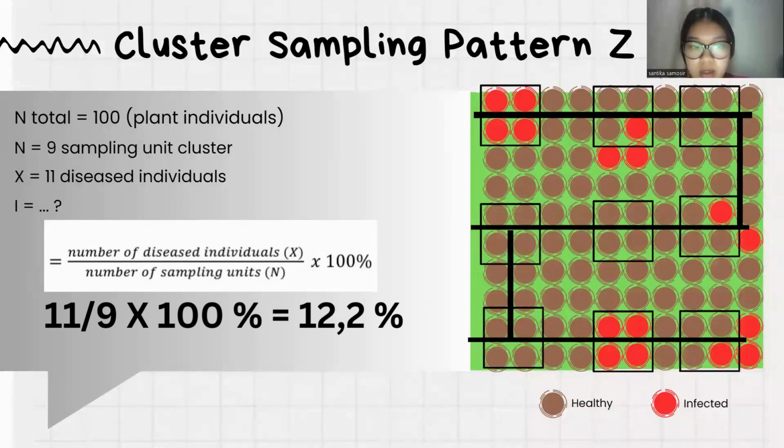The number of diseased individuals we found is also 11, and the number of sampling unit clusters is 9. So 11 divided by 9 multiplied by 100%, and the result is 12.2%.